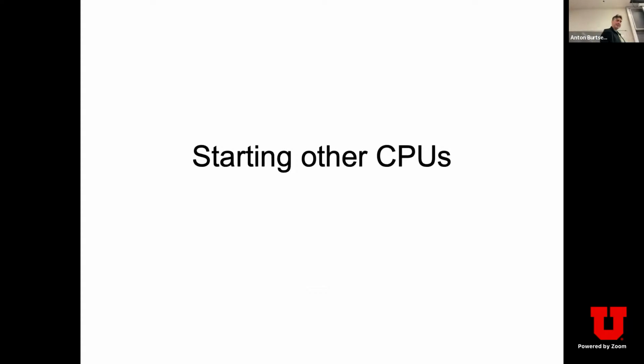Okay, so to start, let's quickly figure out how x86 starts other CPUs, right? So everything up until now was happening on a single CPU. And I wasn't lying. Everything we were covering was booting on this very first CPU.